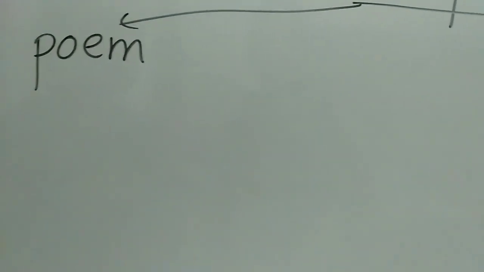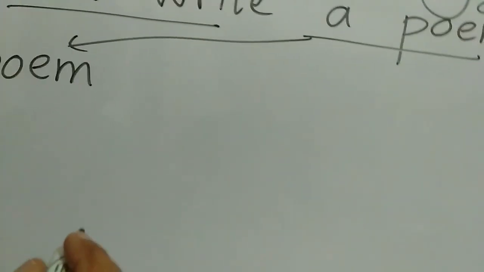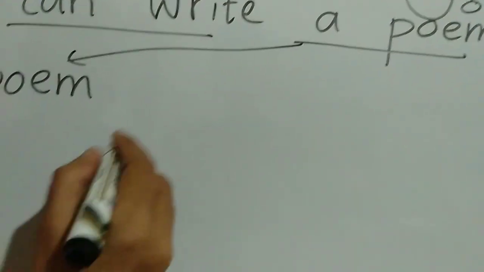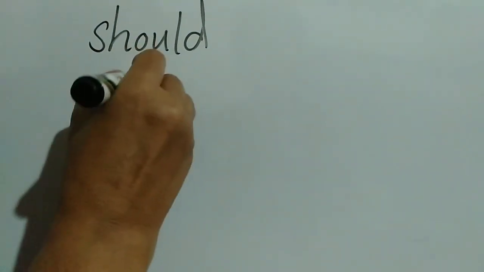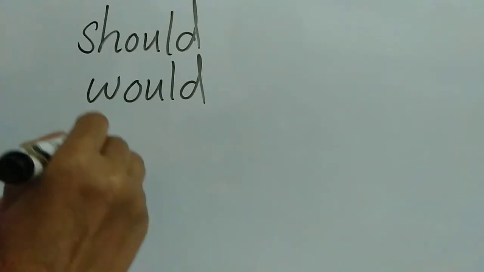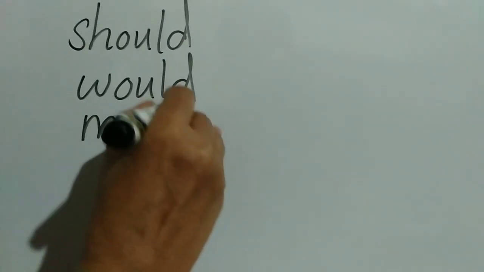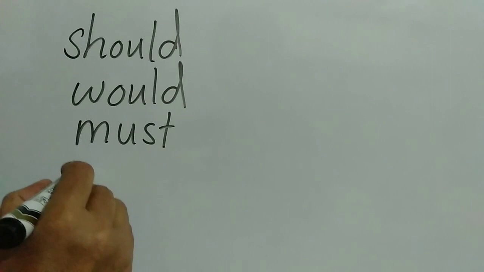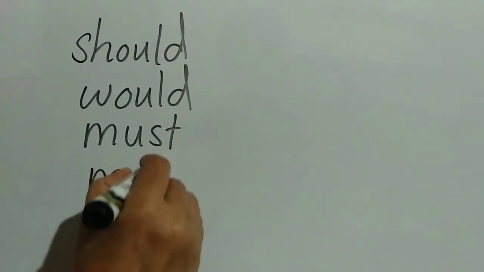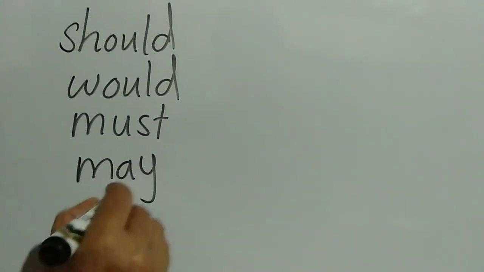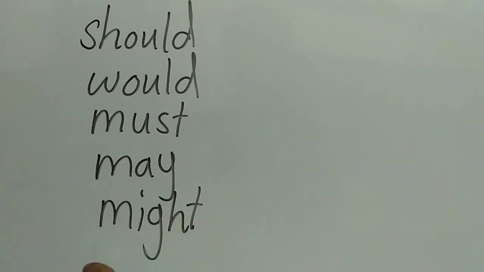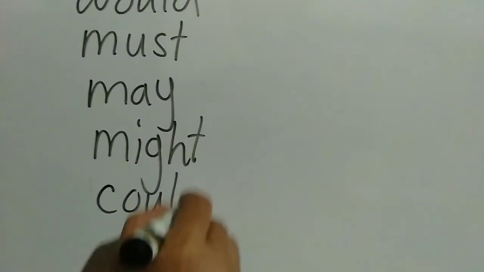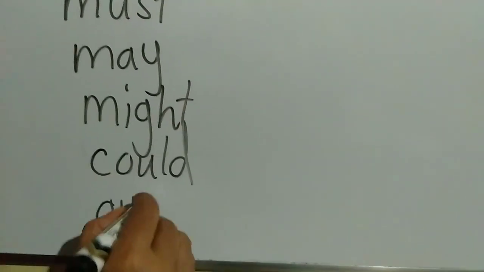Here I want to introduce you some more modal auxiliary verbs used in the English language. What are those? Should, would, must, may, might, could, ought to.